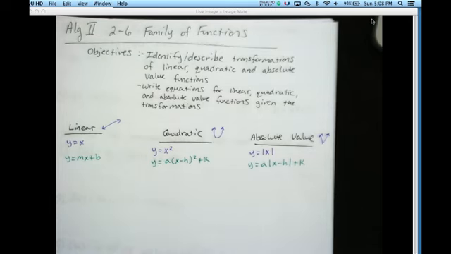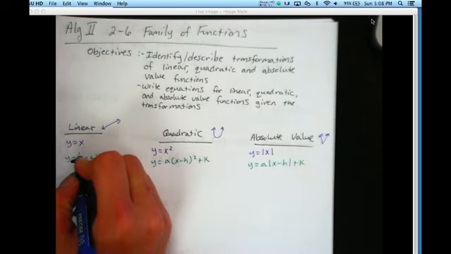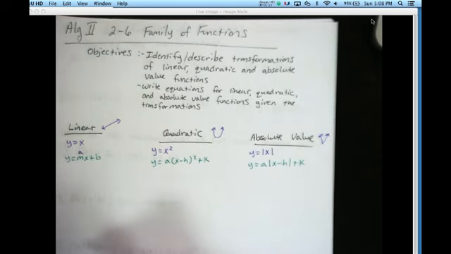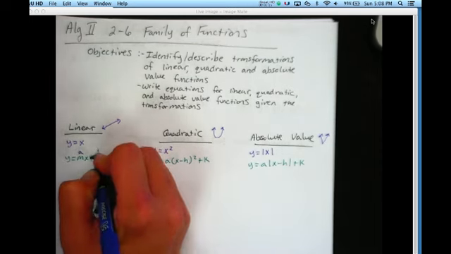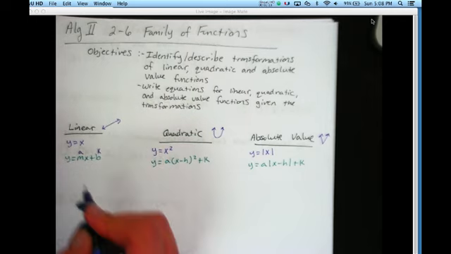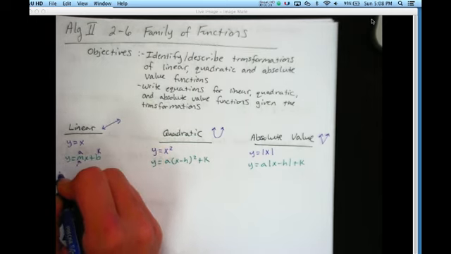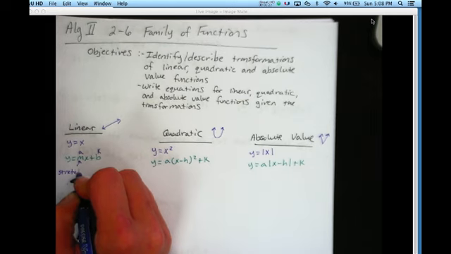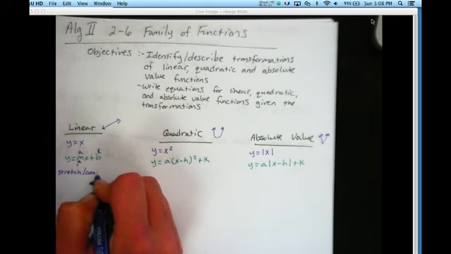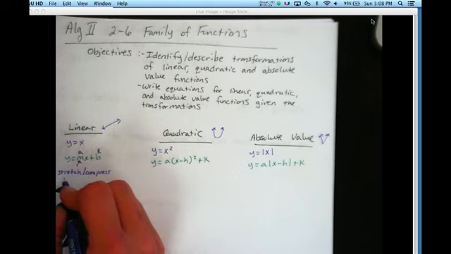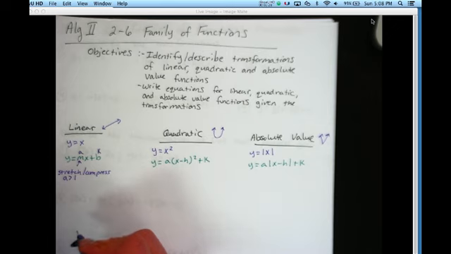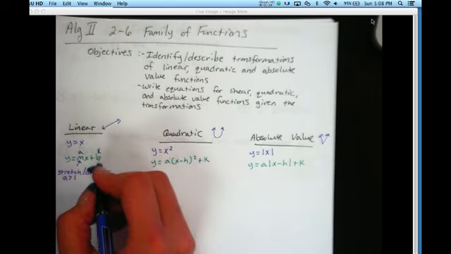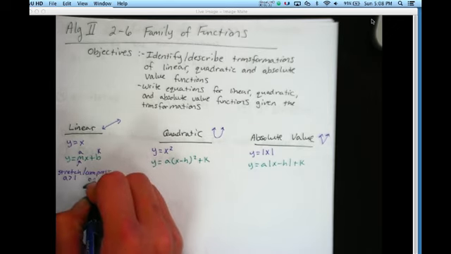So on a linear function, when we are transforming it, the m, which is also like our a value, and our b, which is like our k value. The m is going to stretch or compress it. Remember, for a stretch, a has to be greater than 1, and then the compression is between 0 and 1.